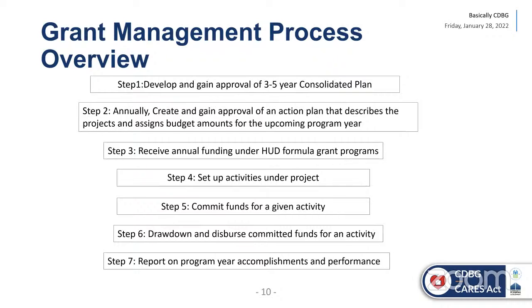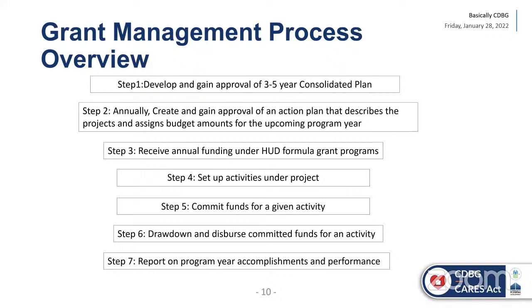After setting up activities, you can start to commit funds and draw down funds. After you draw down funds, as the activity moves forward and makes progress, you will report accomplishments. Then after accomplishments are reported in IDIS and the activity is completed, you will complete the activity in IDIS as well. That marks pretty much the full life cycle of the grant.